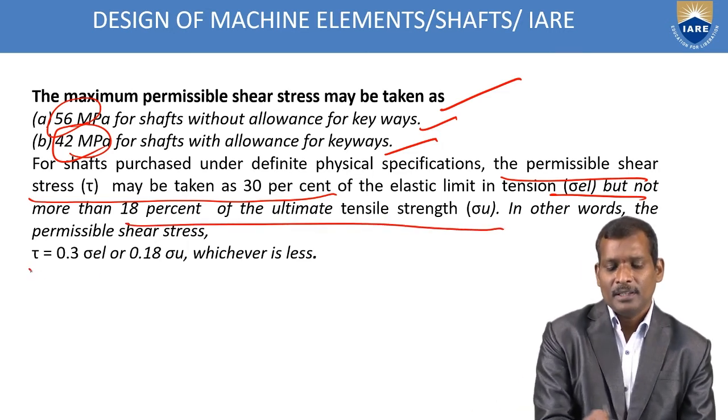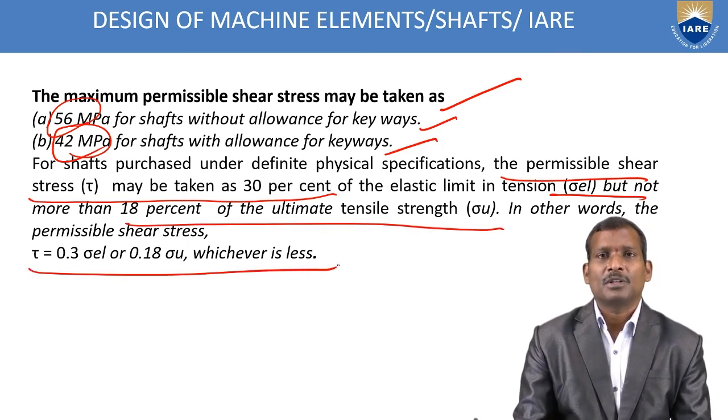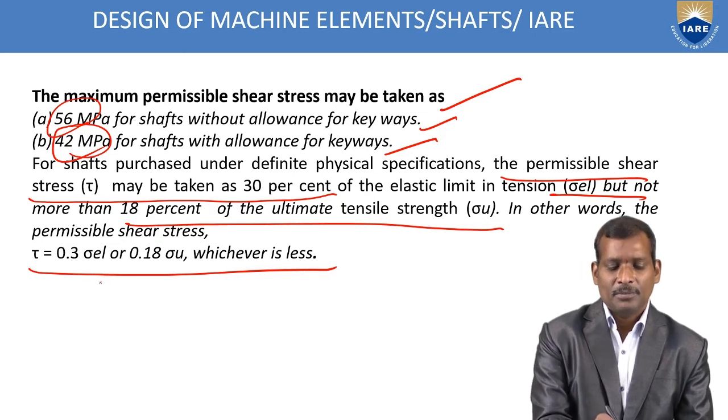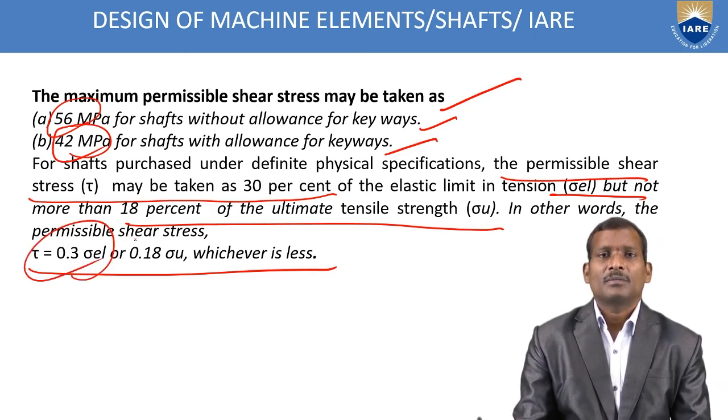So you may write tau is equal to 0.3 sigma EL or 0.18 sigma U, whichever is less. According to maximum permissible shear stress, tau is equal to 0.3 sigma EL or 0.18 sigma U, whichever is less.